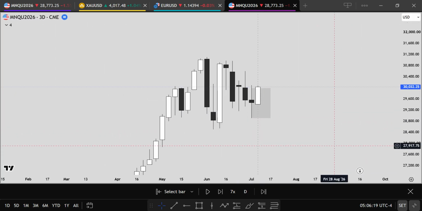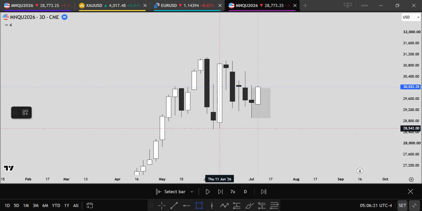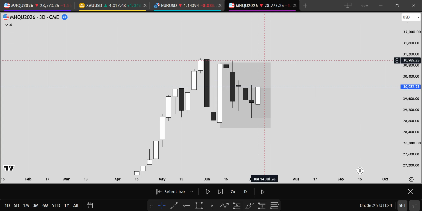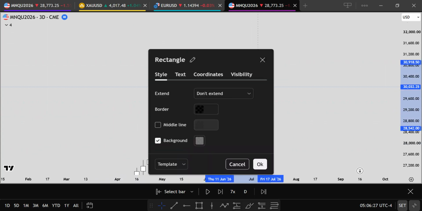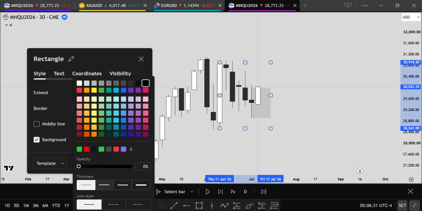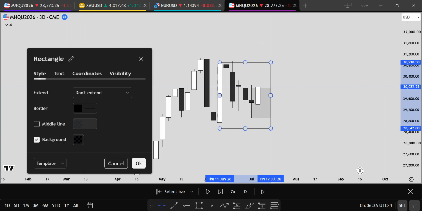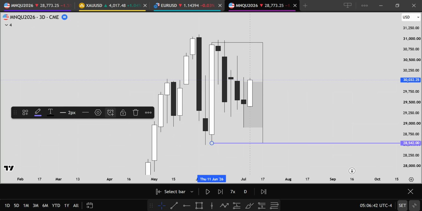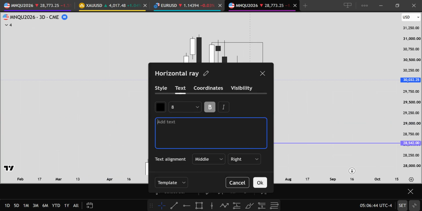We already marked this daily 3-day candle range, right? So let me highlight this 3-day candle range so you will understand clearly why this is important. Okay, so this is a 3-day, and let me mark this 3-day draw liquidity.